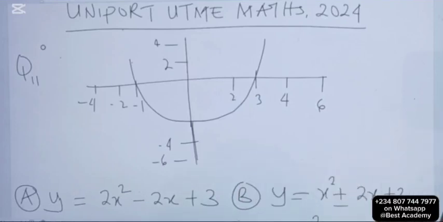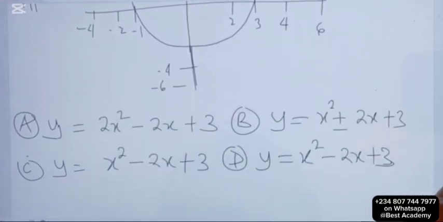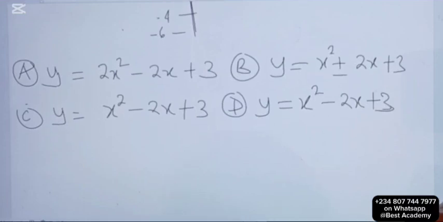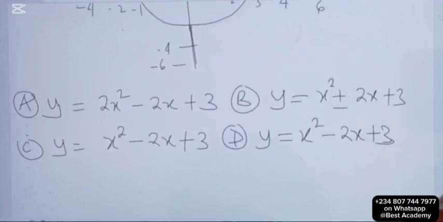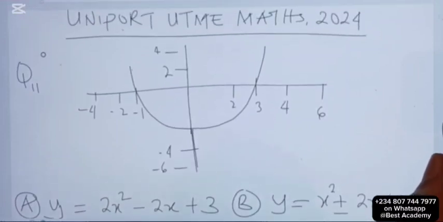Let's solve this question here. In this question, this is the graph given to us, and they gave us options that look like quadratic equations. Remember that for quadratic equations, we have many ways of solving: the formula method, the factorization method, and the graphical method.